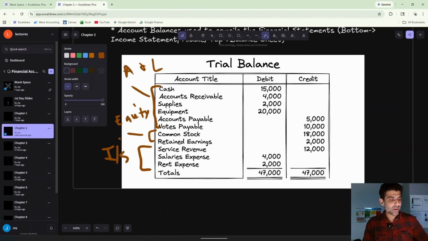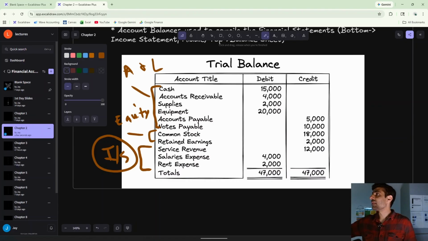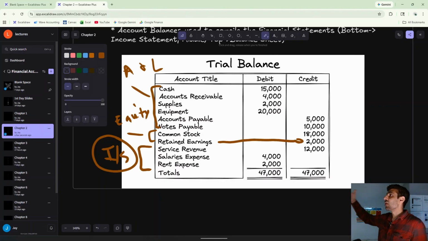Because remember, the information from the income statement, the net income, is then incorporated into your statement of retained earnings, the ending retained earnings balance. And you can see here, this is a starting balance. Because remember, for the statement of retained earnings, we have the starting balance for retained earnings plus net income minus dividends equals the ending balance, right?